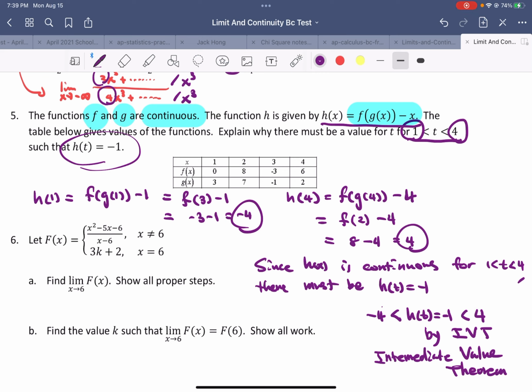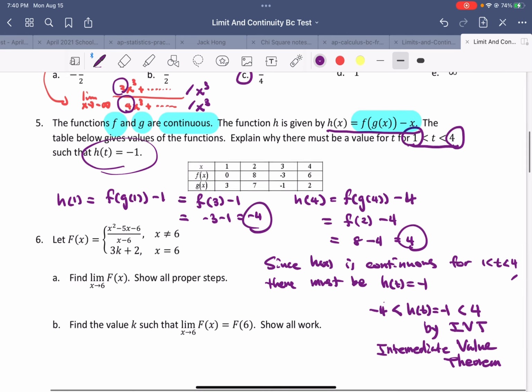Okay, by the intermediate value theorem, any value between negative 4 and 4, you must have it. So h of t equal to negative 1 is between negative 4 and 4. So by the intermediate value theorem, there must be a t value between 1 and 4 where h of t is negative 1. Okay, then that is the answer.